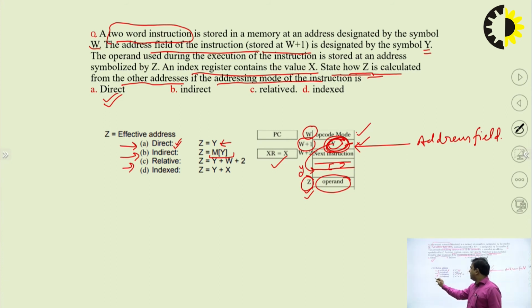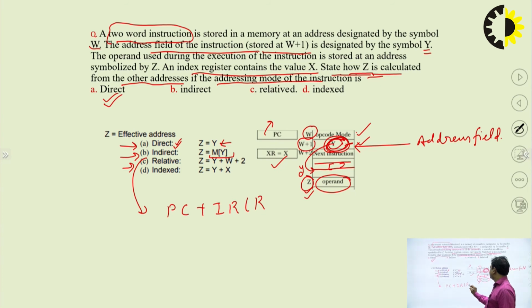Next is the relative addressing mode. What will be the value of the relative addressing mode? As we discussed, the value of the relative addressing mode is calculated with the help of the value of the program counter plus the address field of the instruction register.